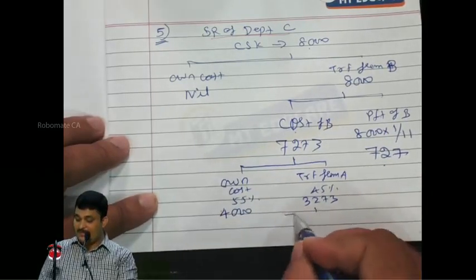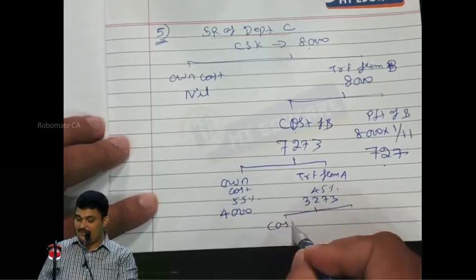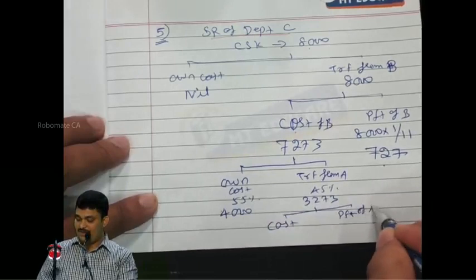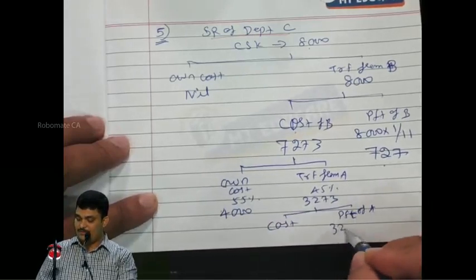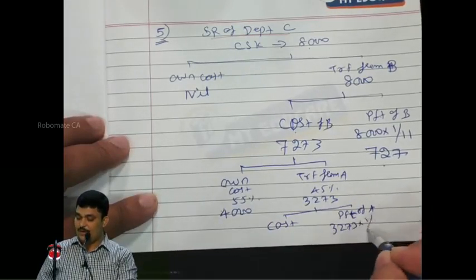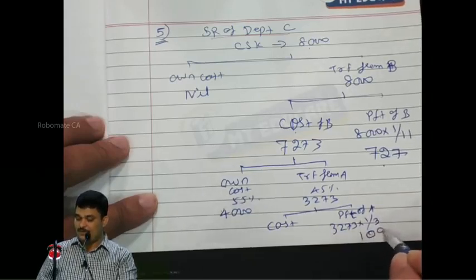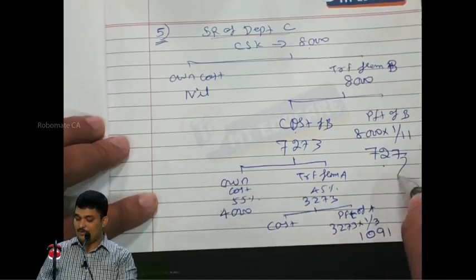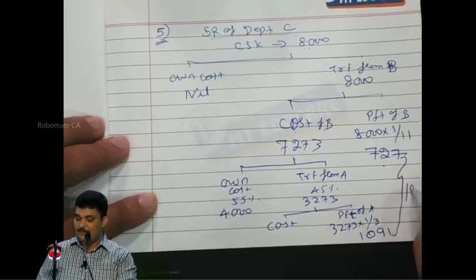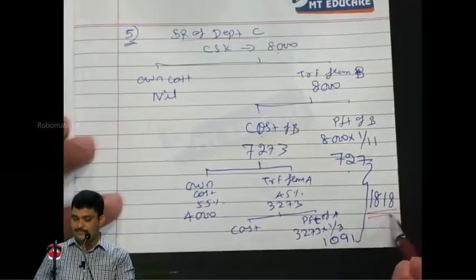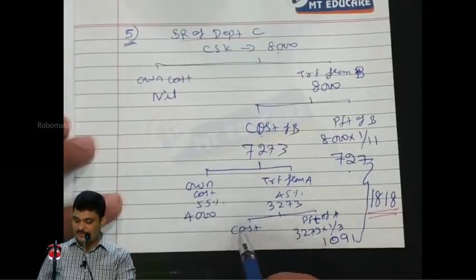This transfer from A is cost and profit. Correct? Profit of A is 3,273 into 1 by 3, 1,091. So the total stock reserve is 1,818.